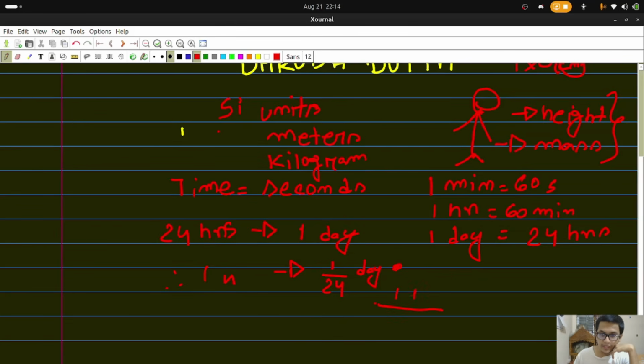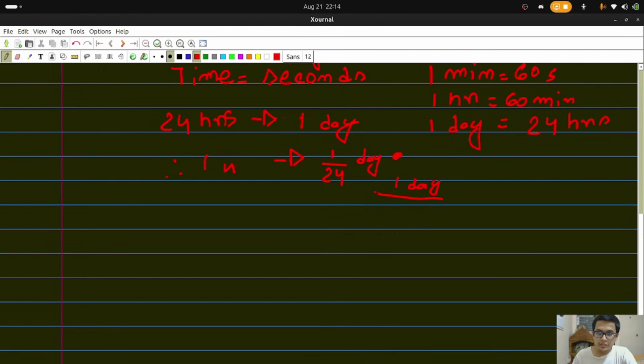So we can also write 1 day by 24 hours. What's our target? Our target is to figure out how we can turn this 1 day into minutes instead of hours.